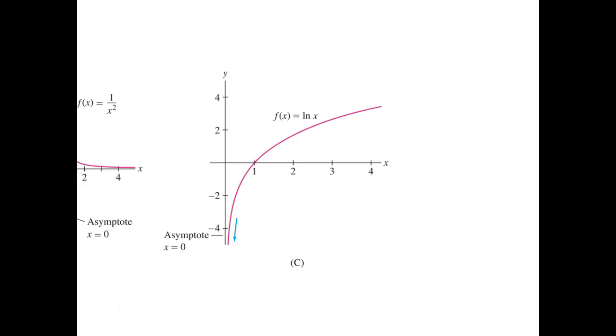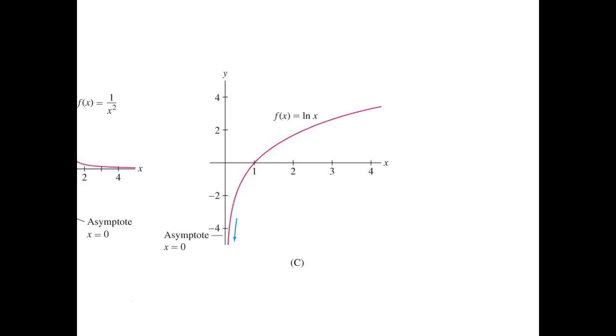So log of 0 is never defined, ever. You have a vertical asymptote at x equals 0. It approaches it but never gets there, so there is no limit as x approaches 0 of log x. It's going to negative infinity, never gets there.